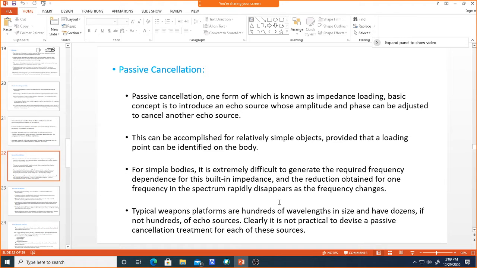Typical weapon platforms, in military or stealth applications, are hundreds of wavelengths in size and have dozens of echo sources.